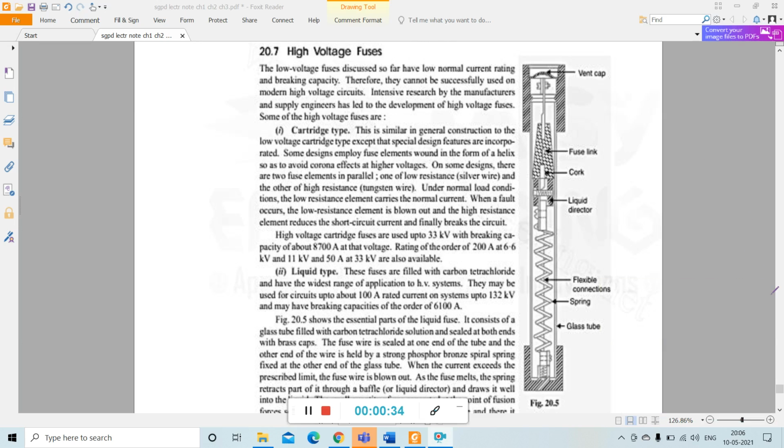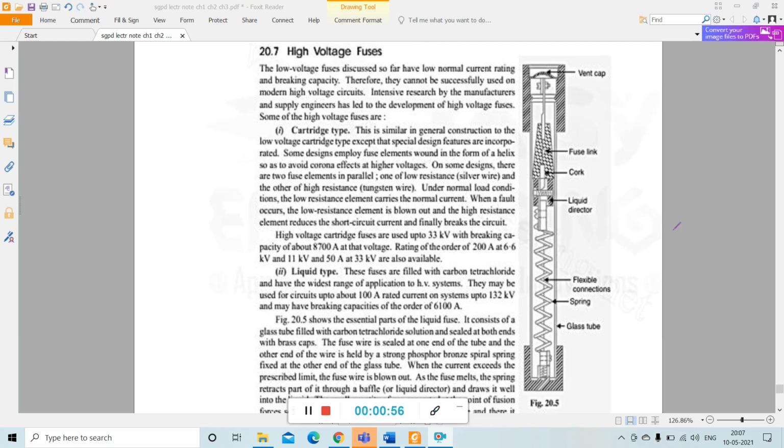Low voltage fuses are used for low normal current rating and low breaking capacity.